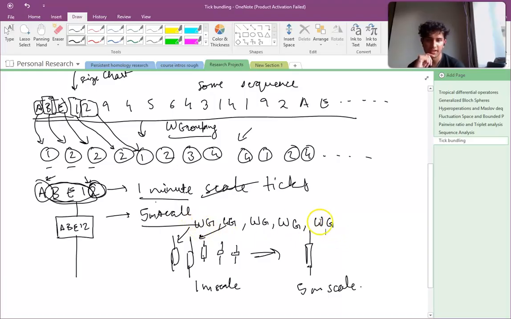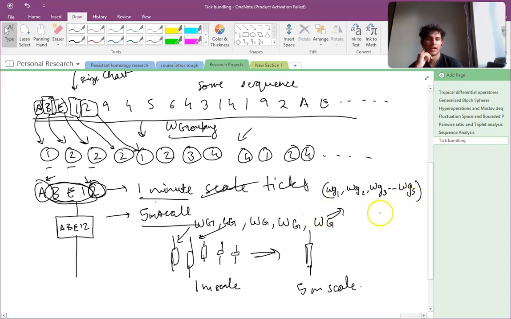So let's just say that instead of writing it like this, I have a tuple of WG1, WG2, WG3 until WG5. Okay? And I want to map this to a single WG, let's say WG naught.